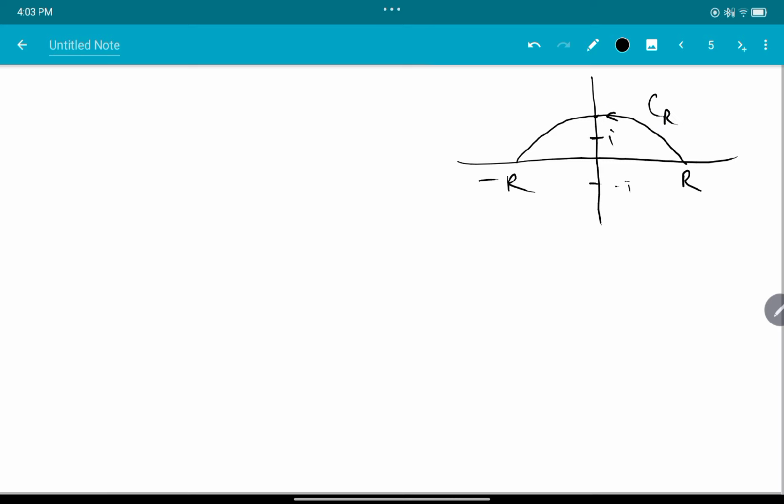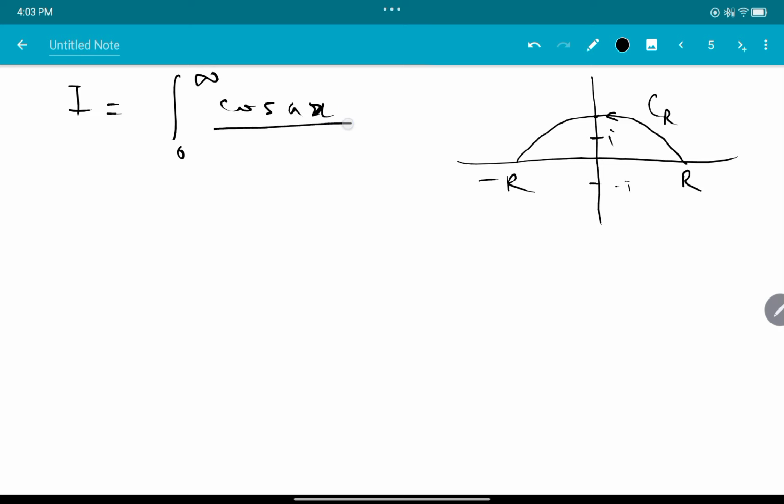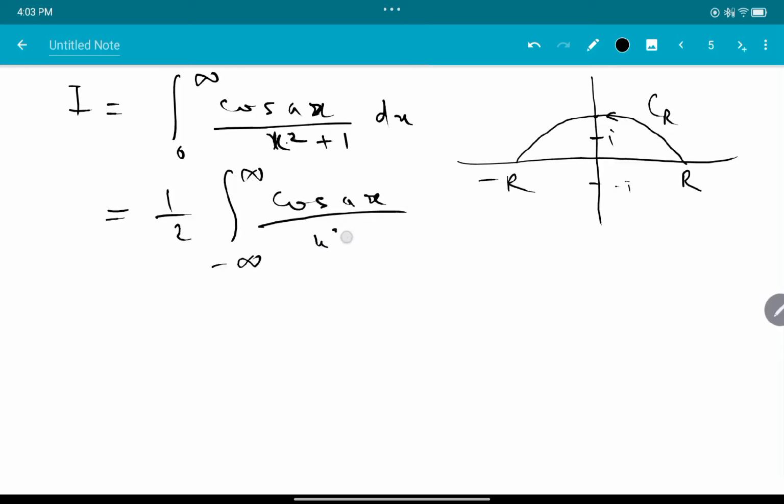The original integral I was the integral from 0 to infinity of cos ax divided by x square plus 1 dx. In order to evaluate this, first we extended the limits from minus infinity to plus infinity of cos ax divided by x square plus 1.